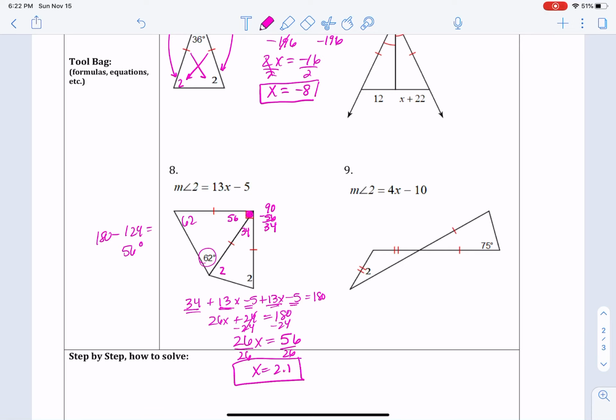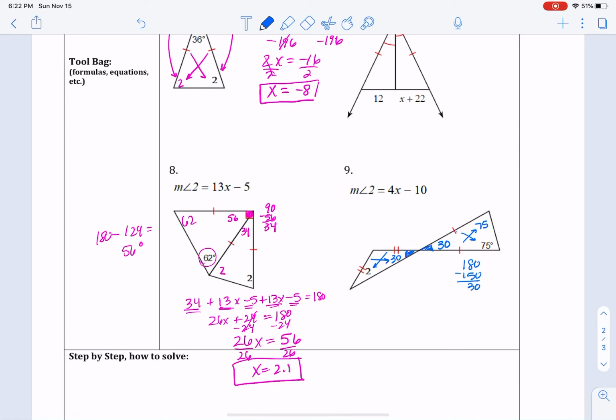When we look at number 9, a lot of things are going on here. I know I'm going to have some vertical angles, so I'm going to need to know that. So let's start with, because these are congruent sides, these are congruent angles. 180 minus 150 is 30, so this angle is 30. Because these are vertical, if this is 30, then this is 30.